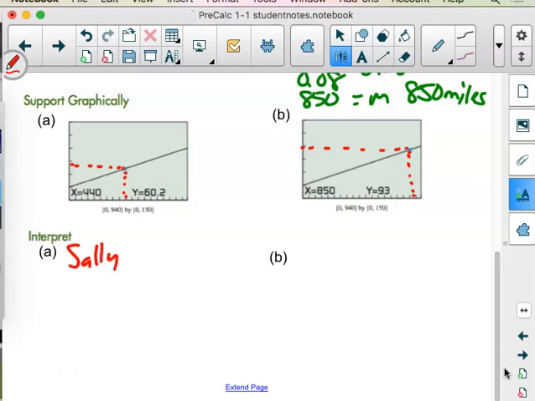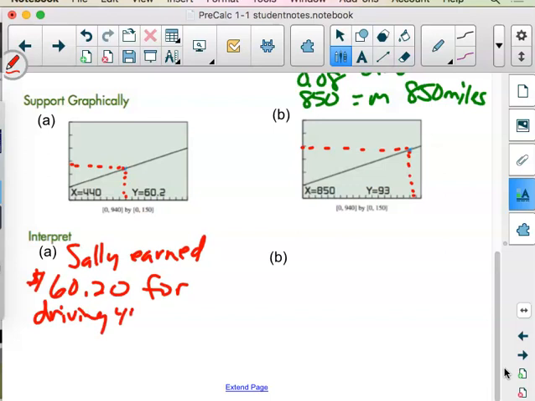Sally wanted to know how much she earned. Sally earned $60.20 for driving 440 miles in one day. Brings together all of the really important numerical pieces of the problem.